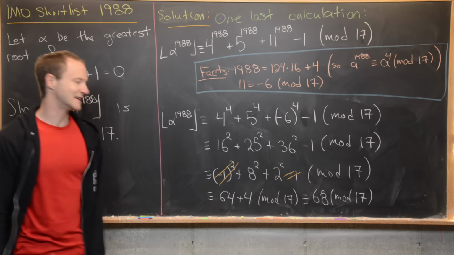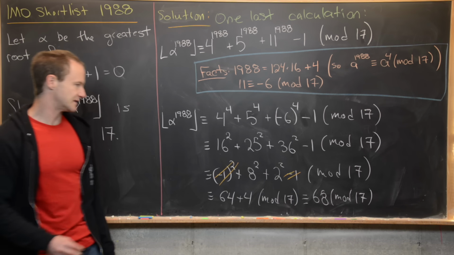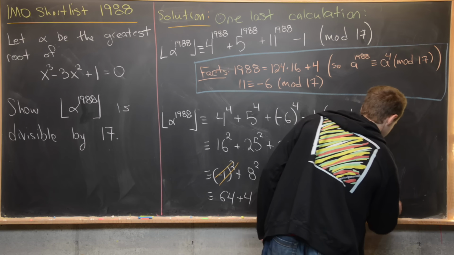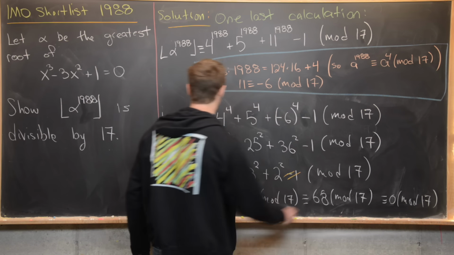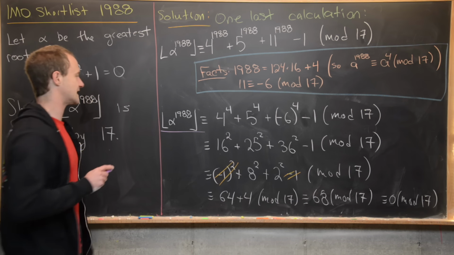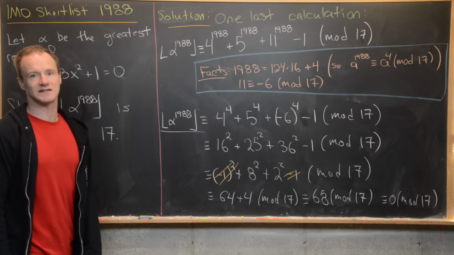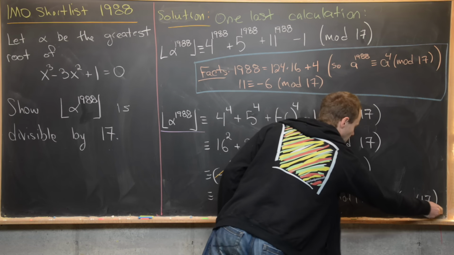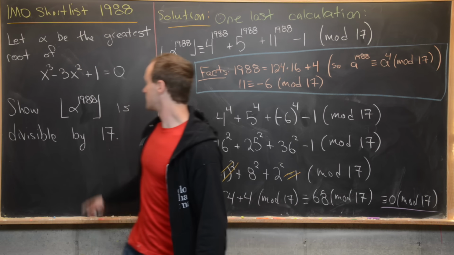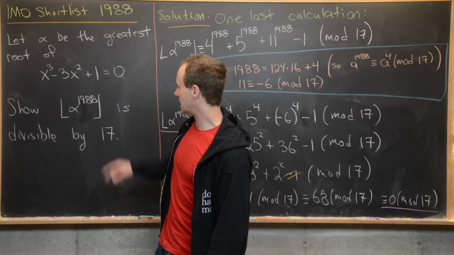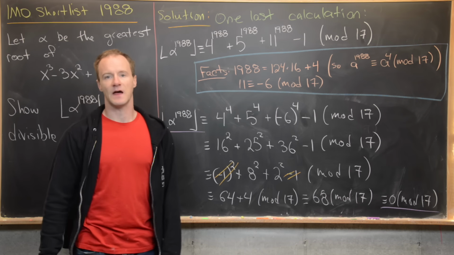But then you can check that 68 is a multiple of 17, so that makes this thing congruent to 0 mod 17. So now looking at this extreme left-hand side, we have the floor of alpha to the 1998 is congruent to 0 mod 17, which shows us that this floor of alpha to the 1998 is divisible by 17. And that's a good place to stop.